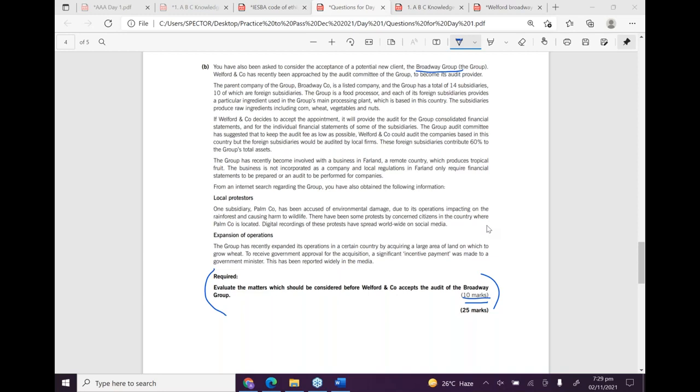Remember, a factor to consider is management integrity.